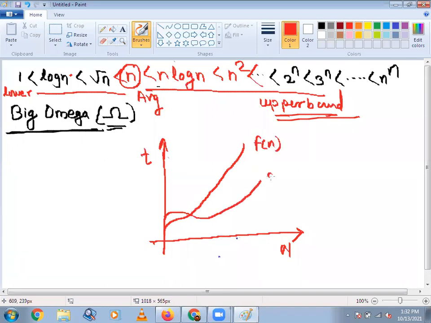Here f of n, g of n, and this is the n0 point where it satisfies the equation.